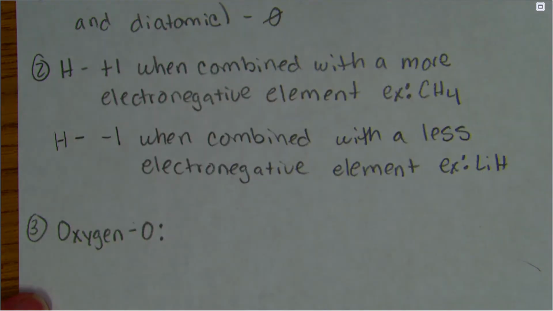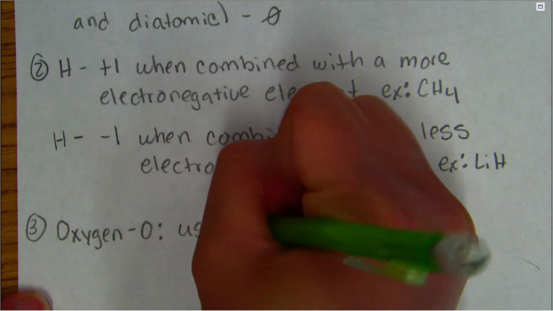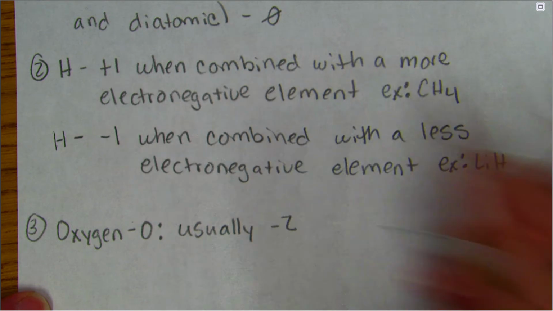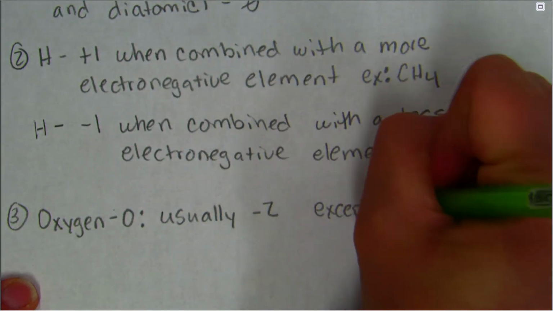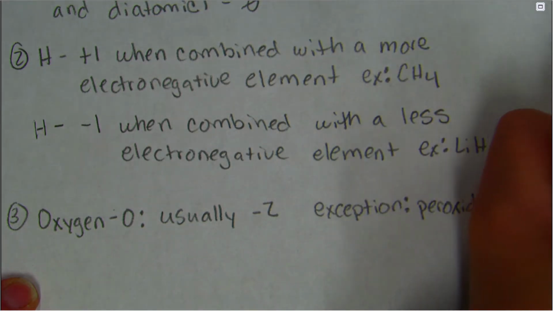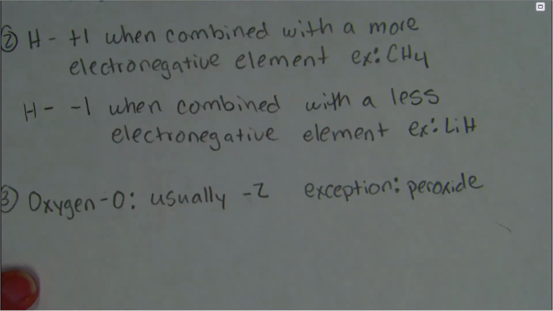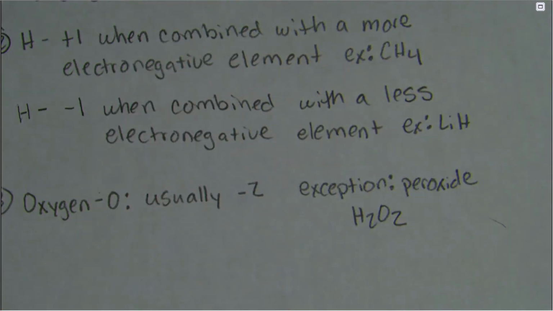O for oxygen. It is usually a -2. The exception to this, if you think back to your elements and ions from your summer assignment, would be peroxide. That would be your exception. And this is going to be an example, hydrogen peroxide, H2O2, where in this case, oxygen is now a -1 and not a -2.